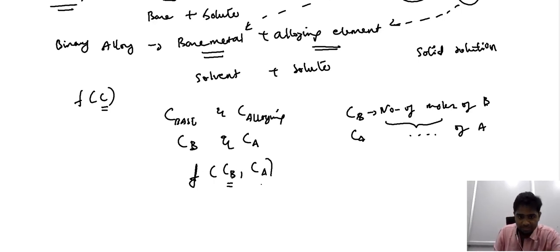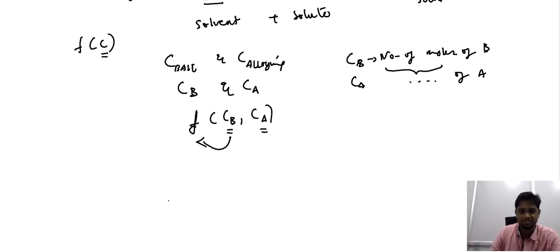So both these variables dictate the function. Both assume the role of independent variables. When I express the free energy function in this way, both Cb, the concentration or number of moles of base metal, and Ca, the number of moles of alloying element, are variables that dictate the free energy function here.